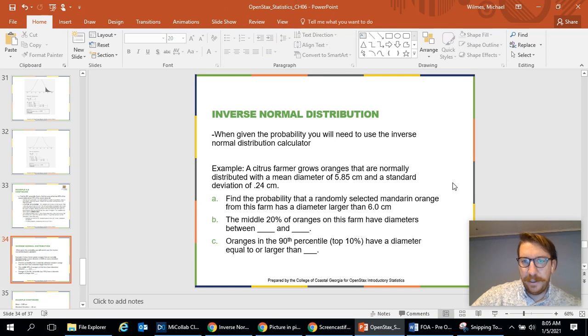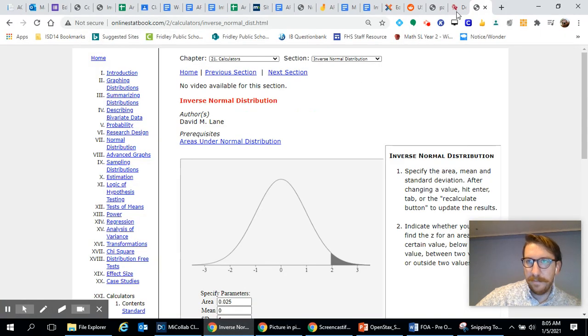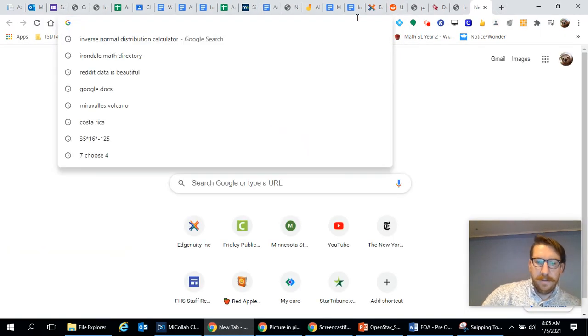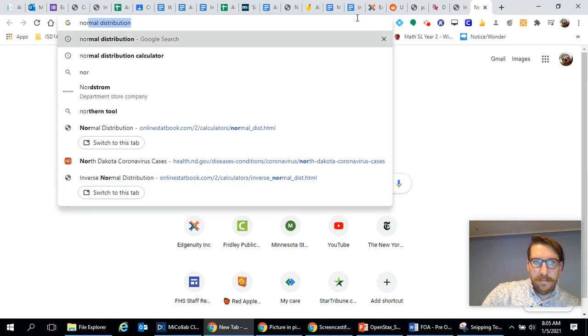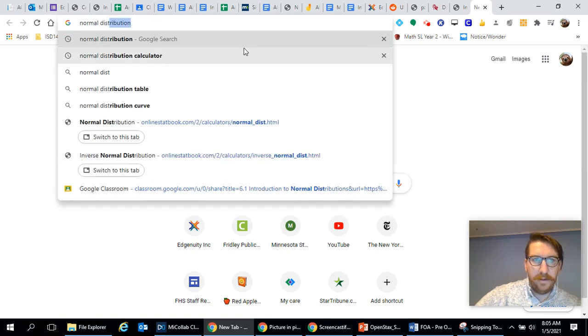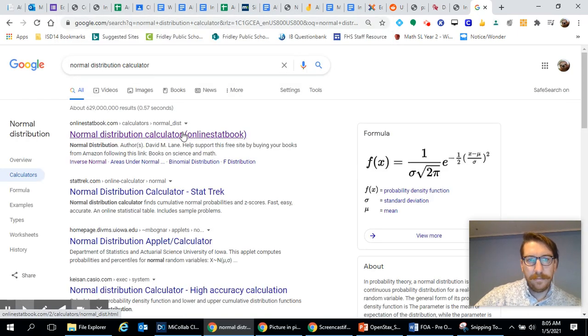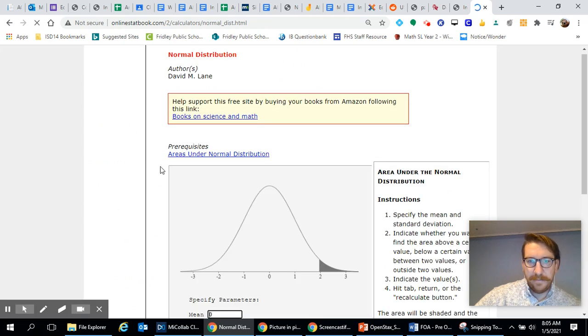So to find the probability that oranges are bigger than 6, what we're going to do is go to our normal distribution calculator. And then we use our information here.